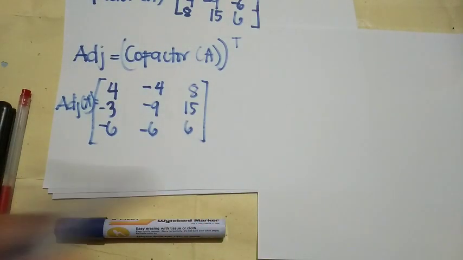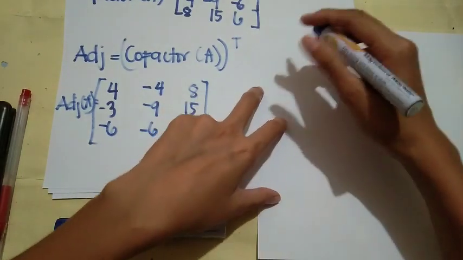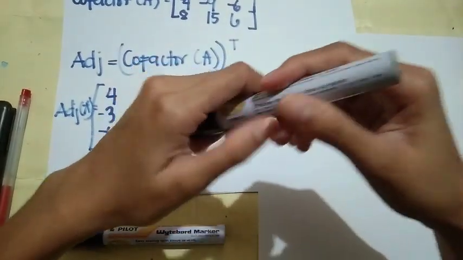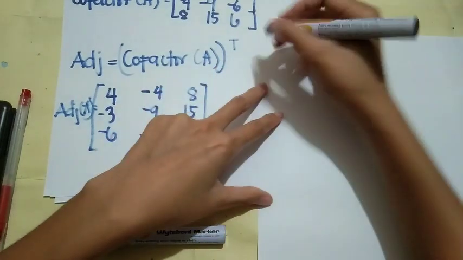Now we have our adjugate A. Step 4 is to solve for our inverse now.